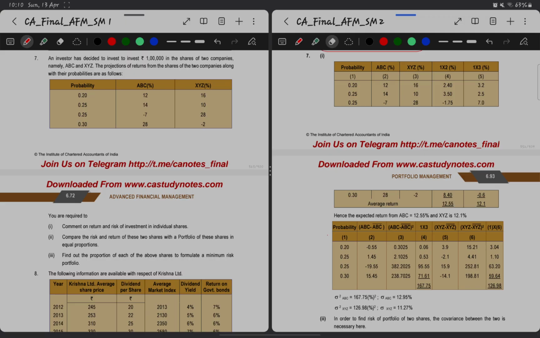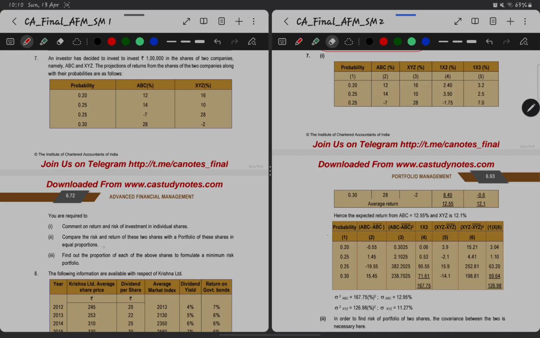So the first two requirements are the same as the previous questions which we have already seen. Please watch the previous videos to get a detailed understanding of how standard deviation works, and then variance, covariance, correlation coefficient and all. We'll directly see what this minimum risk portfolio is here.